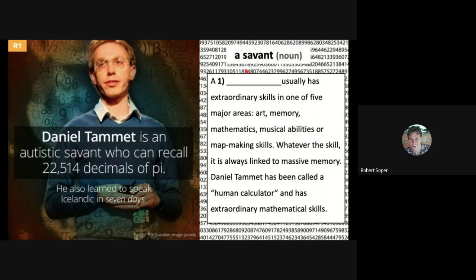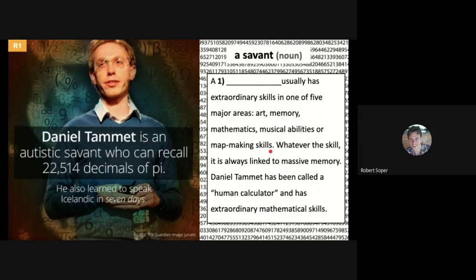So the correct answer here would be to keep the word form the same. We'd put the noun savant, and then we'd have the correct answer: a savant usually has extraordinary skills in one of five major areas: art, memory, mathematics, musical abilities, or map-making skills.